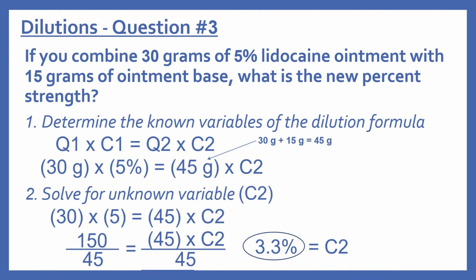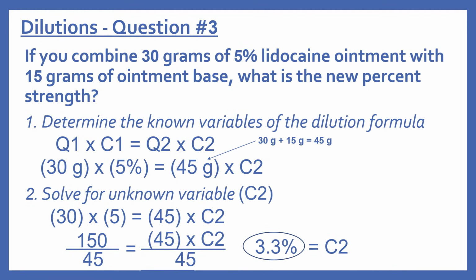And then Q2, that's going to be the total of our product, which we know we're putting 30 grams plus 15 grams. So our Q2 is going to be 45 grams here. So it'll be 45 grams times C2. So now we're going to solve for our unknown variable. In this case, it's C2.